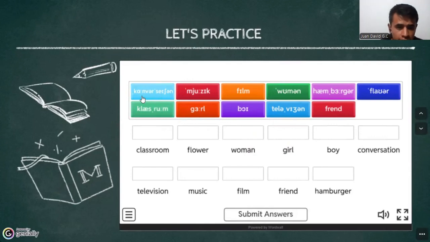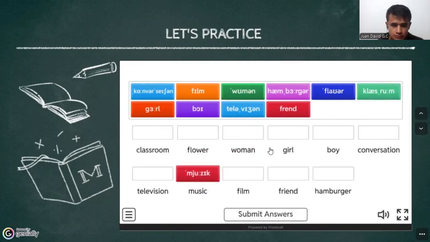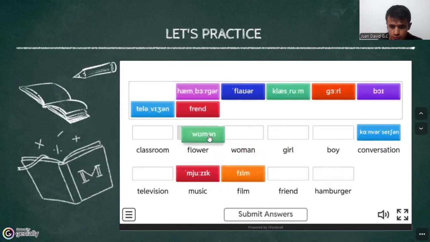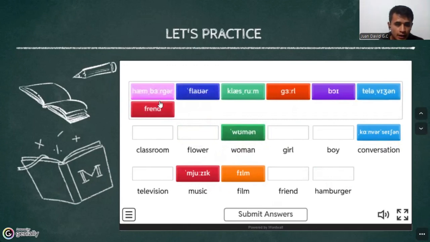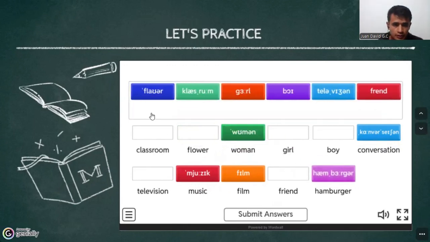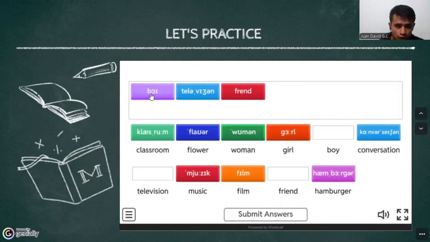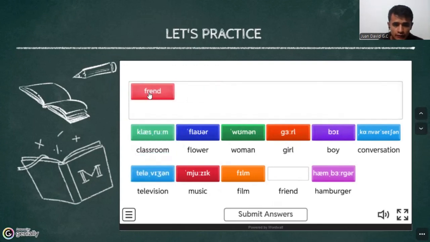For example, here we have musician, conversation, and one easy word, film, woman, hamburger, flower, classroom, girl, boy, television, vision, and friend. Submit answers.